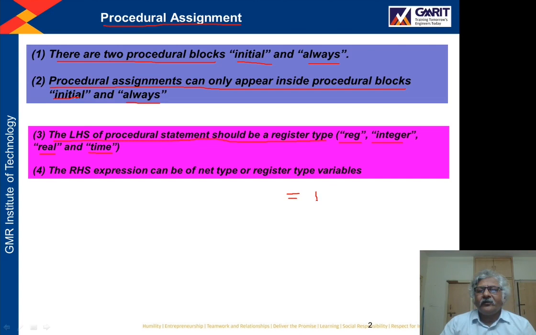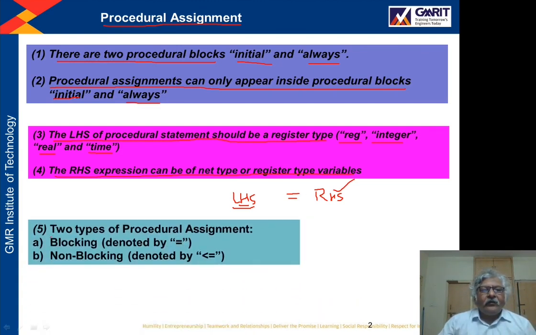This is the right hand side expression, and this is the left hand side target signal. This left hand side must be a register type. The right hand side expression can be of net type or register type variables.